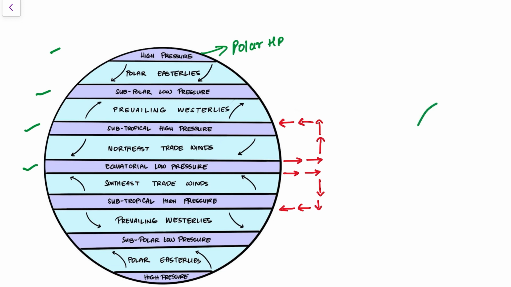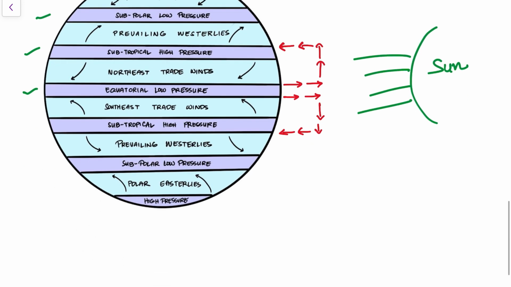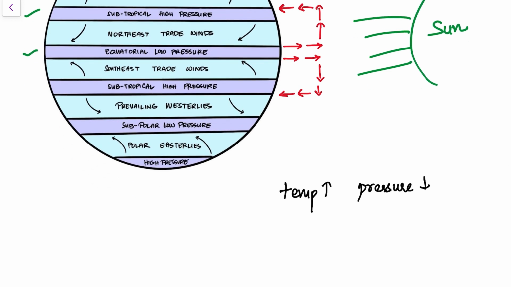This is the zone where direct sunlight is received, and that is why it creates a low pressure condition. Always remember, when the temperature is high, the pressure will be low. So this surface heats up very fast, and due to that the warm air expands.